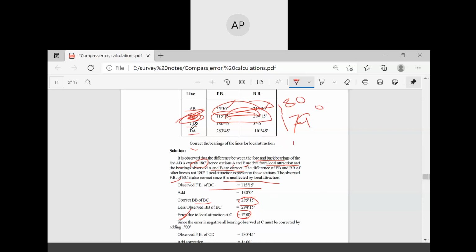Next, the CD line. Since the error is negative, all the bearings observed at C must be corrected by adding 1 degree.